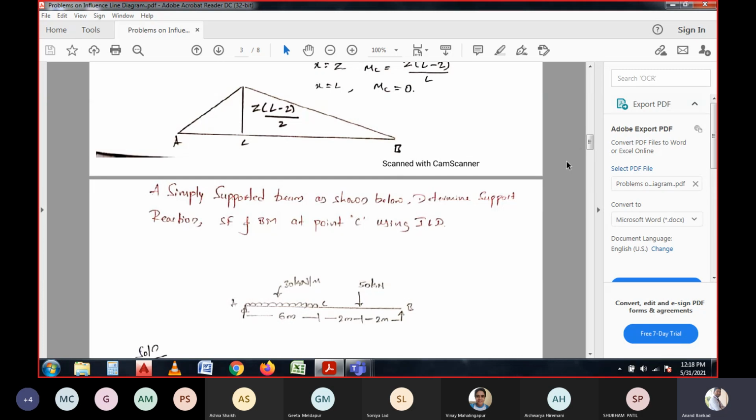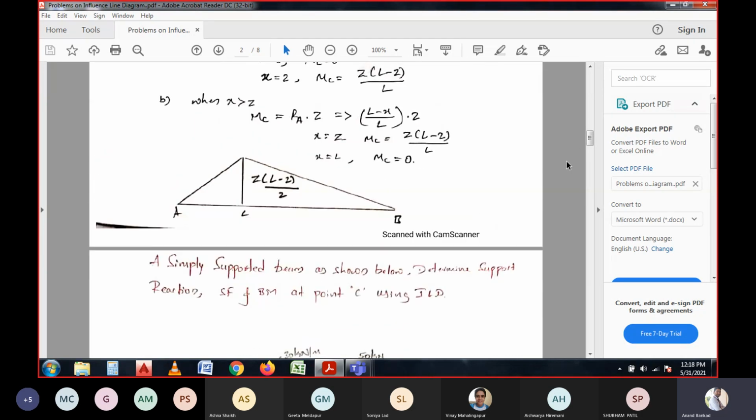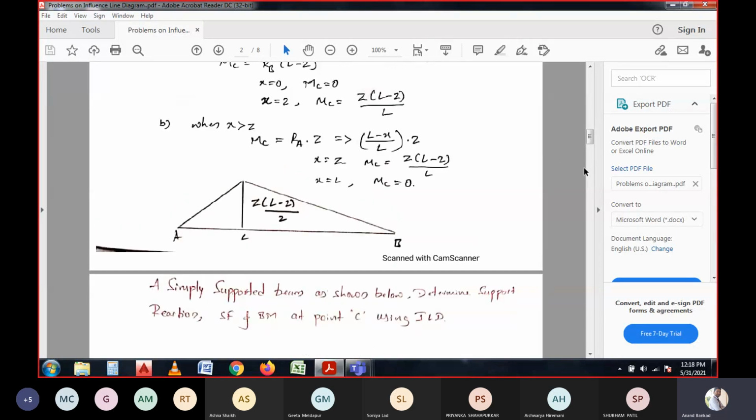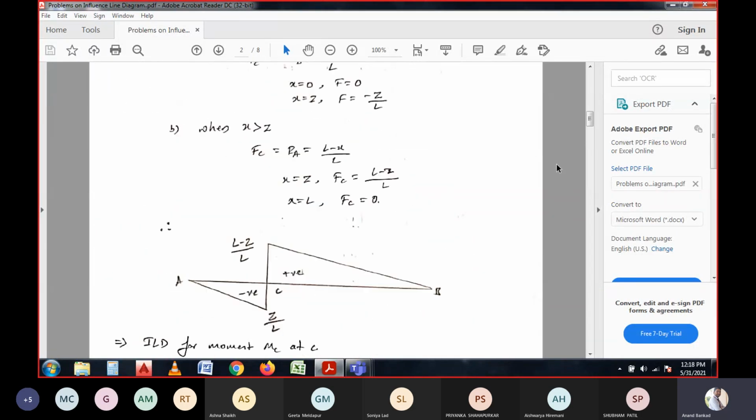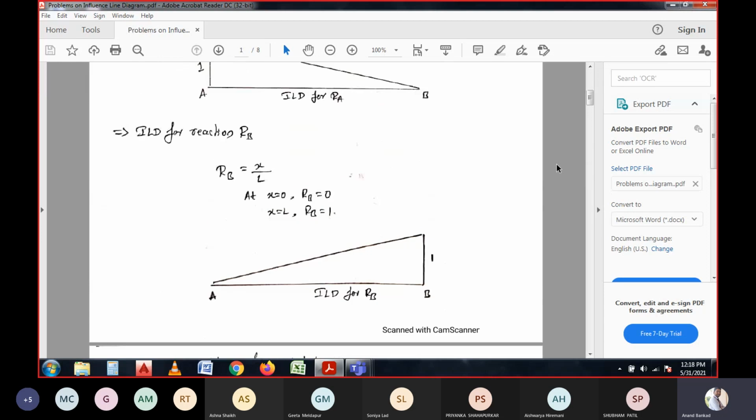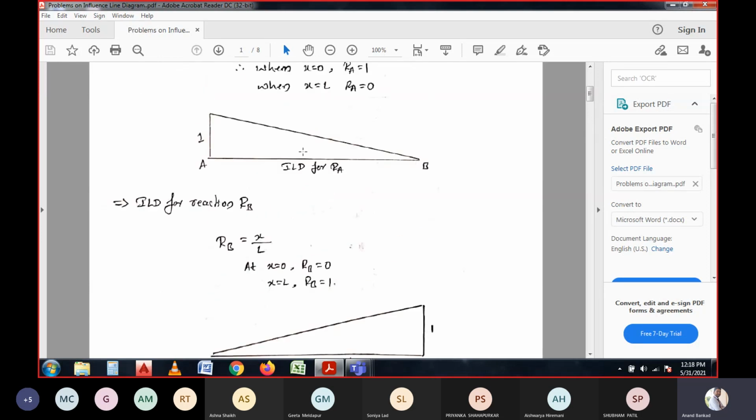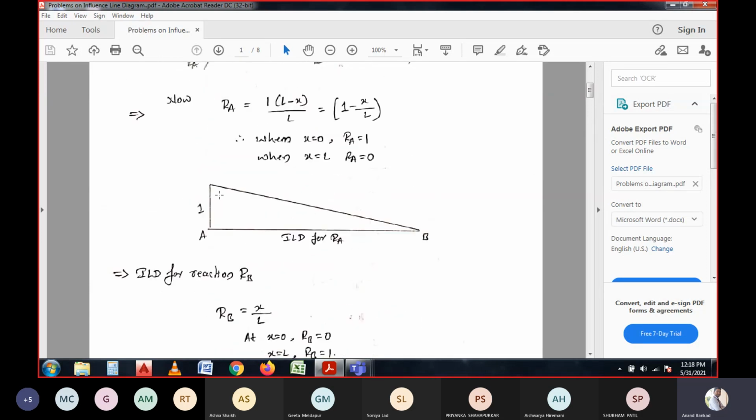So in the previous class we discussed the influence line diagram. That influence line diagram was considered with a concentrated load, which is static. We studied how to calculate the reactions by taking the unit load on the support.